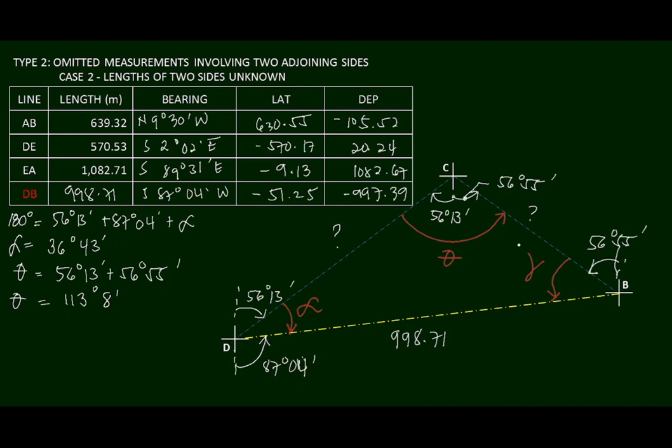Sabi nga natin kanina, the sum of the interior angles of a triangle is 180 degrees. So, that is equal to 56 degrees, 13 minutes plus your alpha plus gamma. Nasolve ko kanina si alpha. So, that's 180 degrees is equal to 56 degrees, 13 minutes. Wait lang. Sorry. May mistake here.